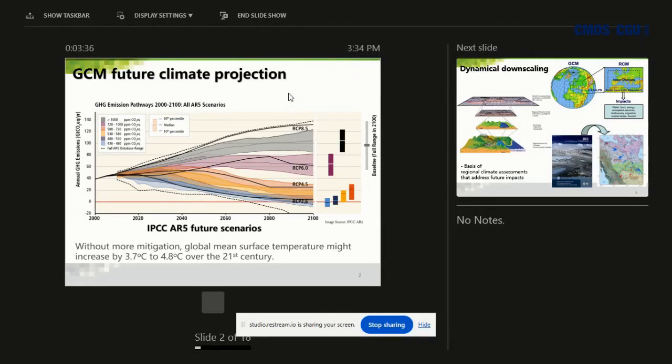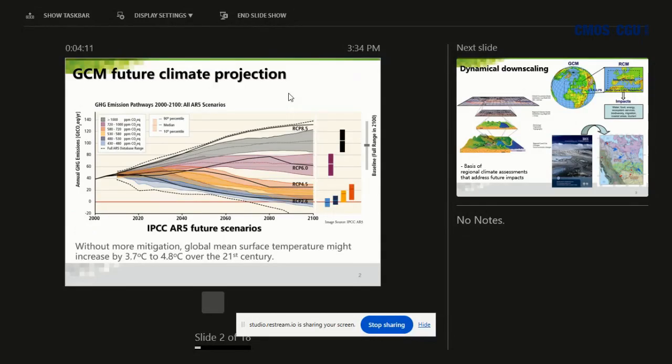The future could be as bad as we could imagine, with the same CO2 emission as the current level. That's RCP 8.5. Or we try to reduce the emission and maintain it at the current level, or do something like carbon neutralization to reduce the concentration.